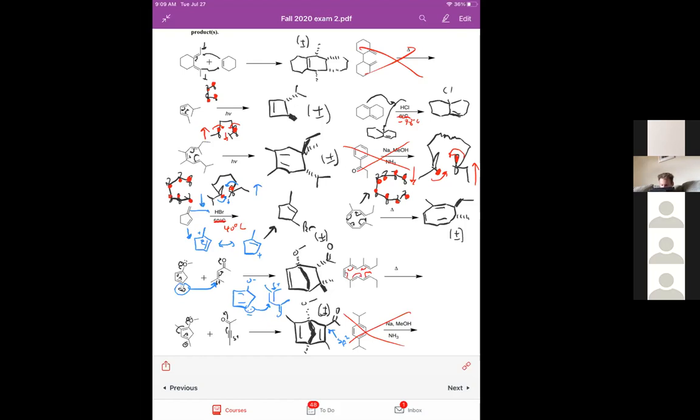We're going to make a ring that looks like... I need better than that. So let's see, we made a double bond there, there, there, there. We need methyl groups here, here, and here.